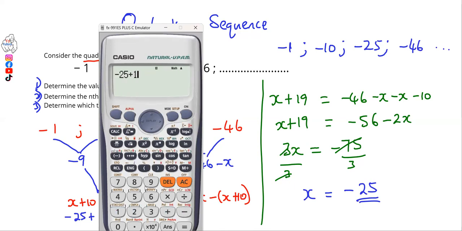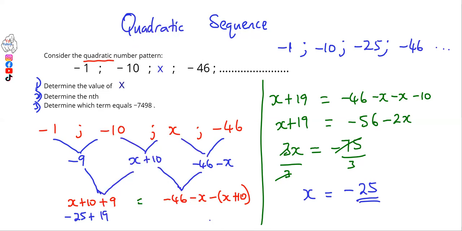We get negative 6. So our common difference there is actually negative 6.